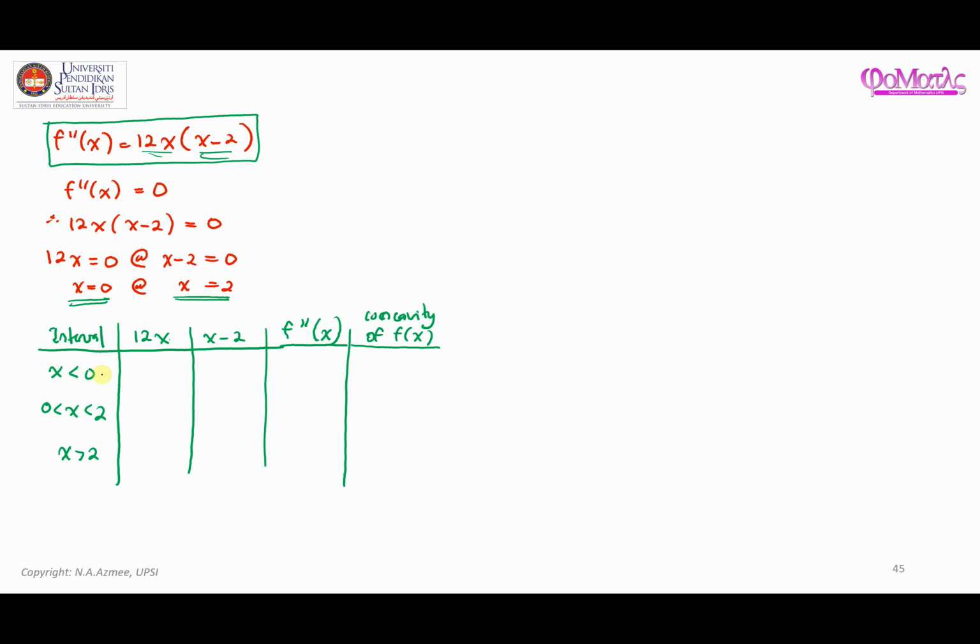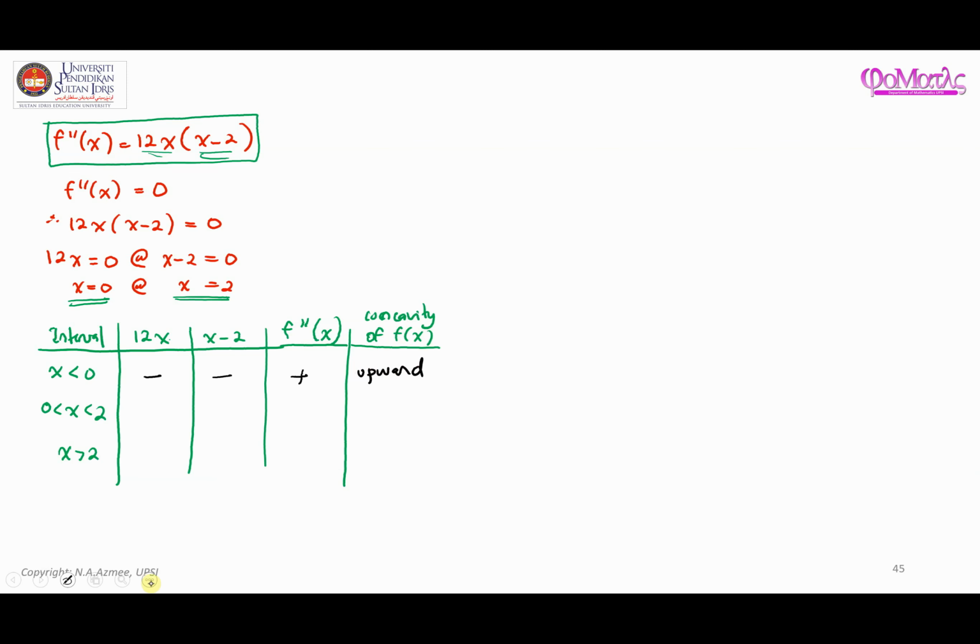If x is less than 0, x takes negative value, therefore this one is going to be negative, and this one is also going to be negative. Negative times negative is positive, and according to the concavity test, this results in f(x) being concave upward.